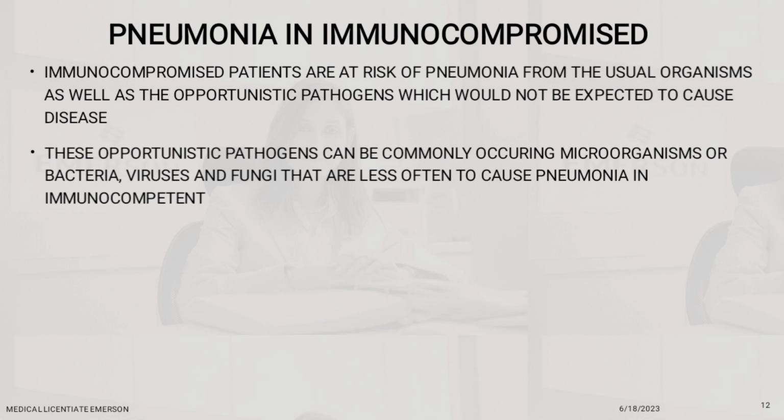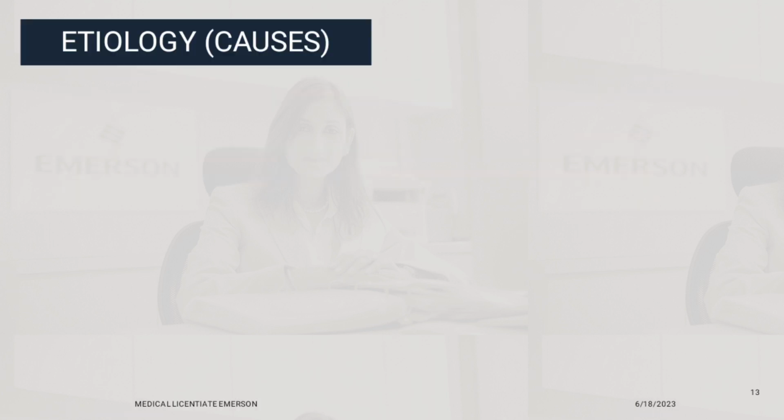These opportunistic pathogens can be commonly occurring microorganisms, bacteria, viruses, and fungi that are less often the cause of pneumonia in immunocompetent hosts. That's the thing about pneumonia in the immunocompromised. Okay, so that's the end of us going through the classifications.